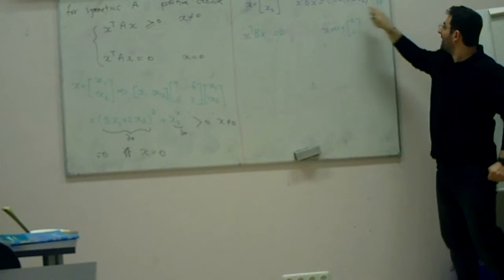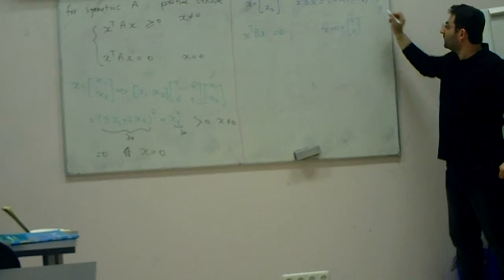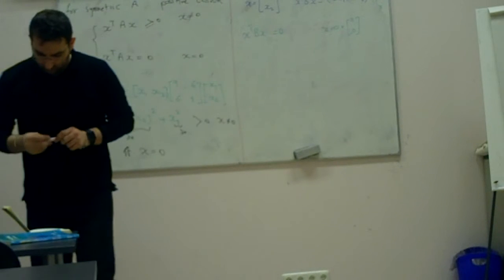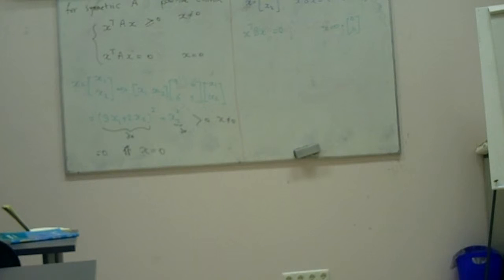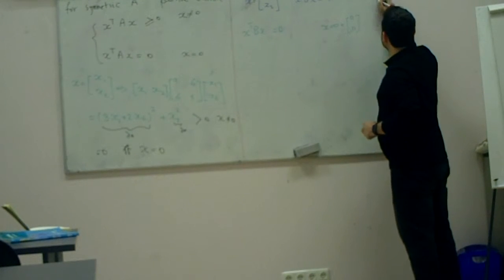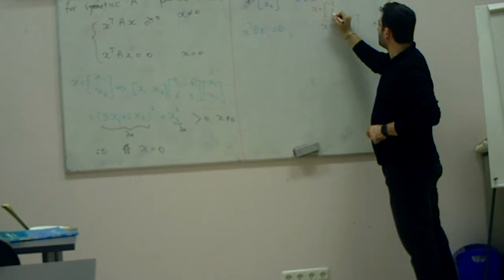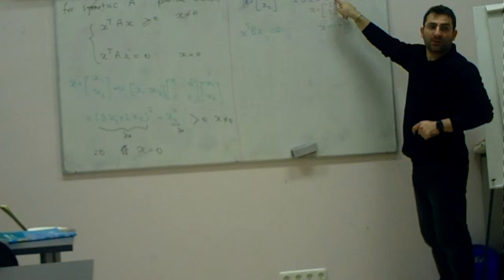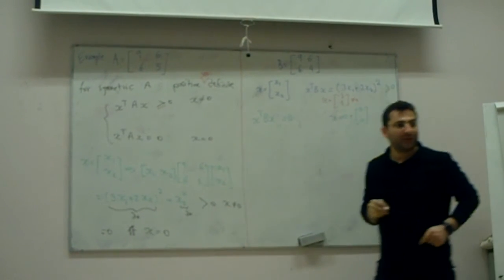In other words, is it greater than 0 or greater than or equal to 0? It is greater than or equal to 0, because for x equal to, let's say, -2 and 3, which is not 0, -2 multiplied by 3 is -6 plus 6, it is 0, so the result is 0.